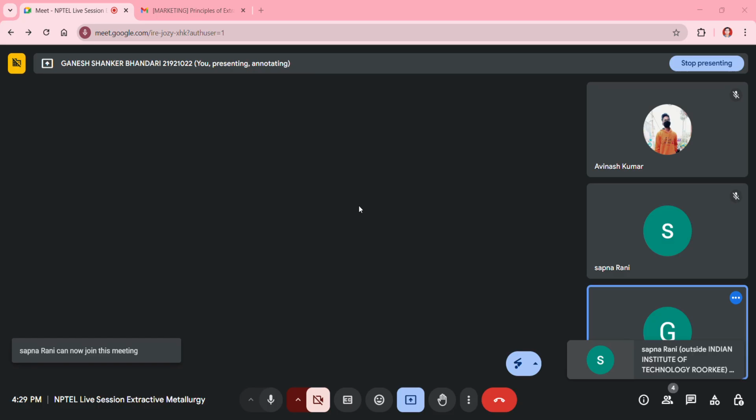Nowadays you see these tube lights. These tube lights are generally LEDs, light emitting diodes. Five years ago we were using tube lights which were not LEDs. Those tube lights contained a phosphor material inside.